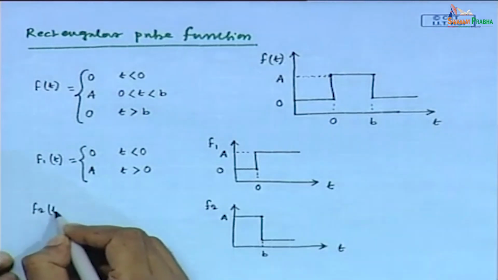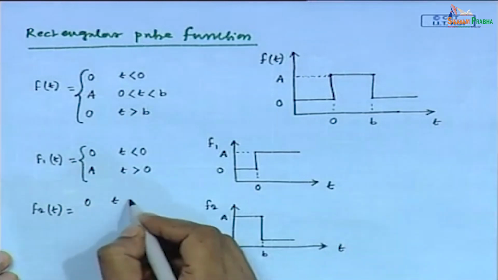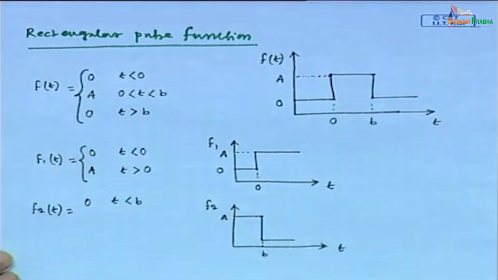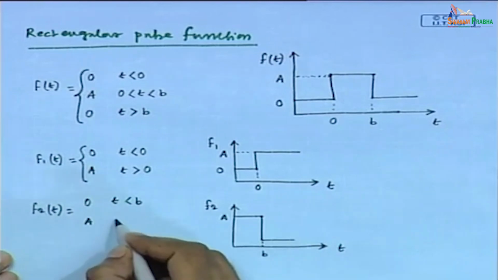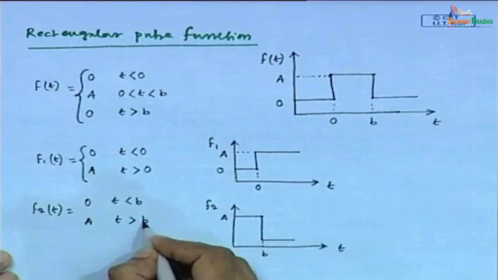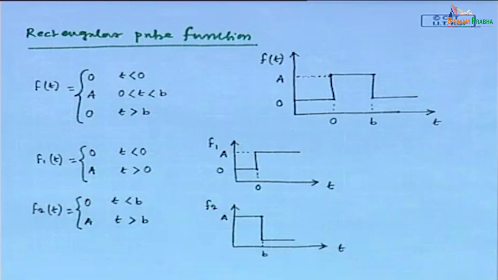So, f2 t equals to 0 when t is less than b. f2 t equals to a when time is greater than b. Can we write this for the second function f2? Can we write this? We are considering this is 0. So, this is a.